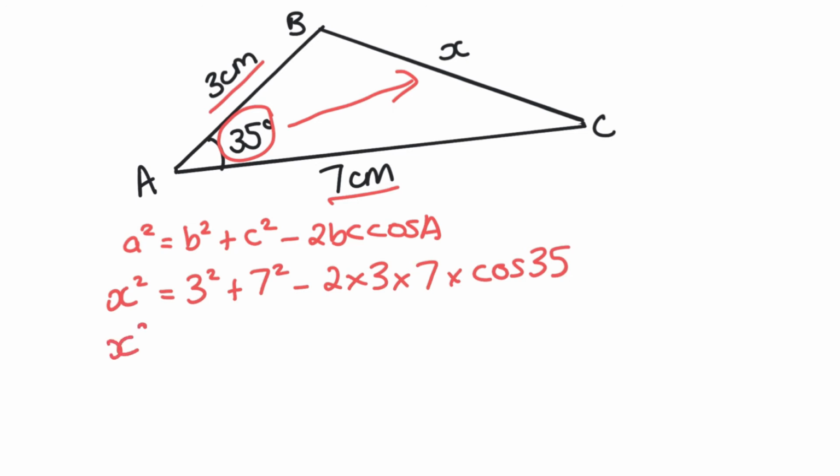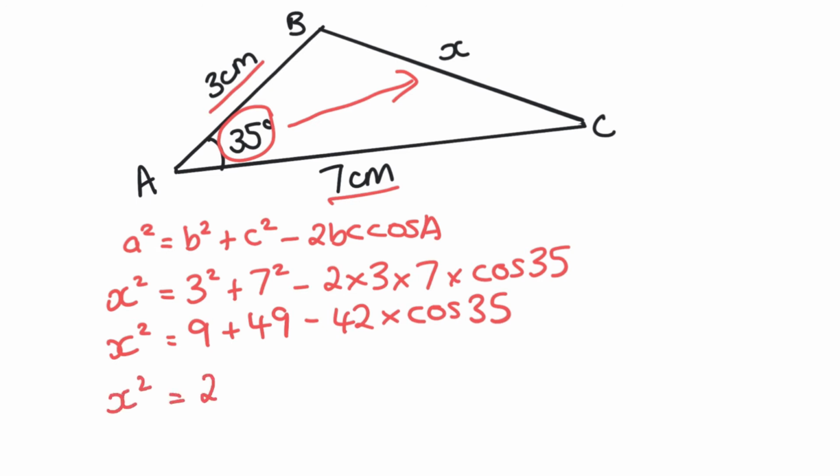So x squared is equal to 9 plus 49 minus 42 times cos of 35. So if we do that on our calculator, x squared is equal to 23.5956. So we can square root both sides to give us x is equal to 4.86 centimetres to the 2 decimal places that we were asked for.